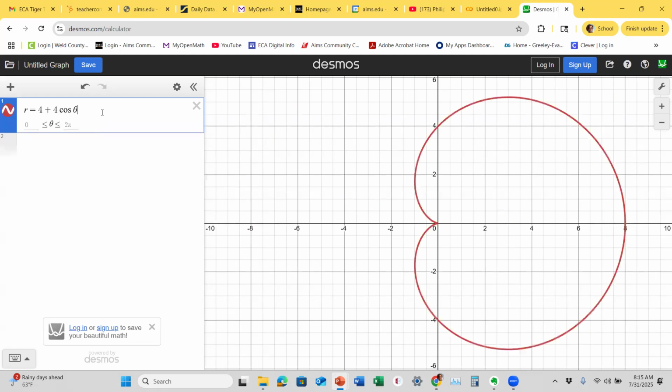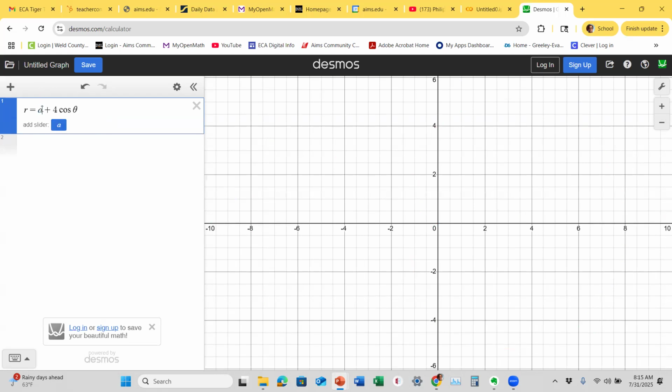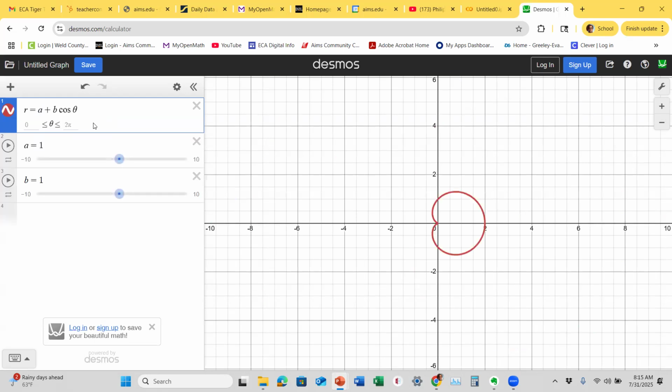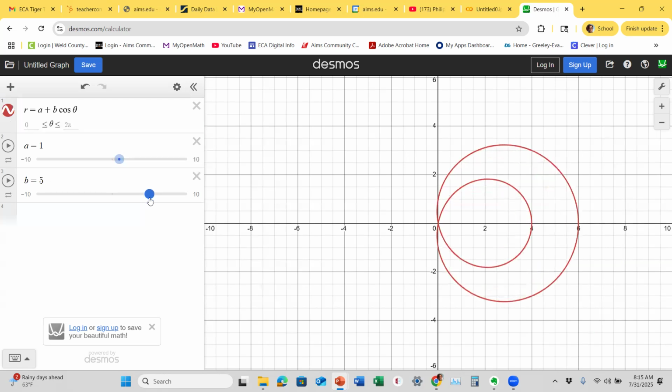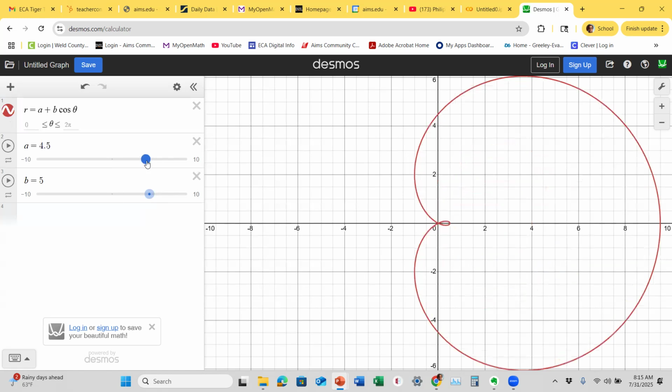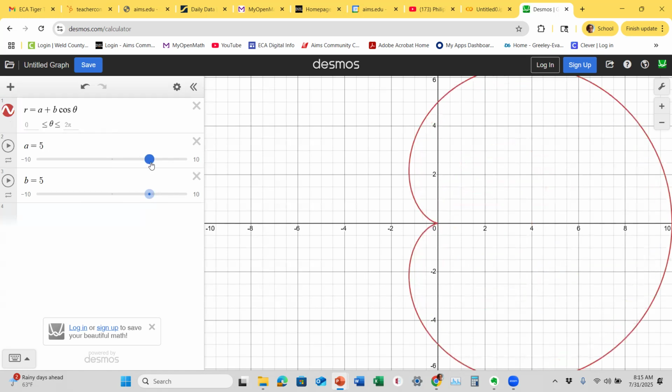Okay. And there we go. And yes, if we want to, we could change these things to A and B to see what these things look like. So let's put B equal to 5 here, and let's put A equal to 5. As you can see, we get our cardioid here.